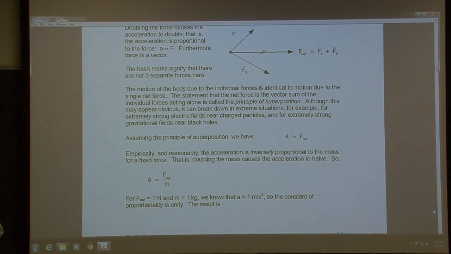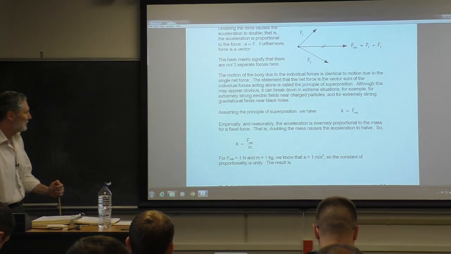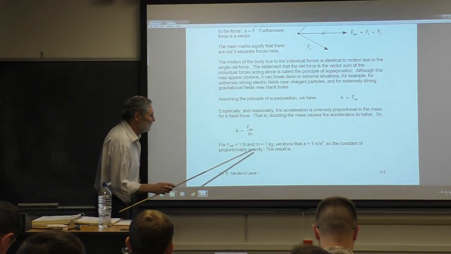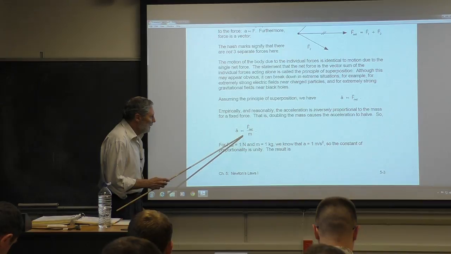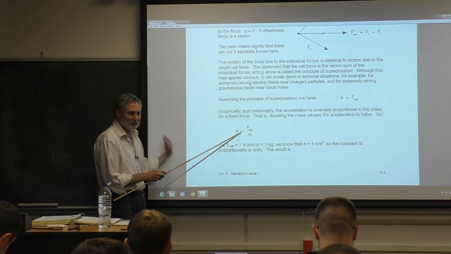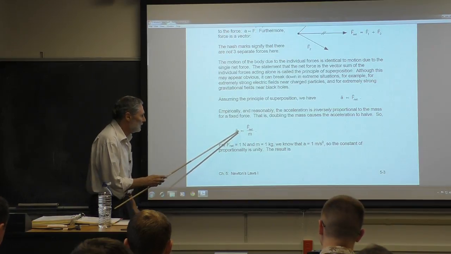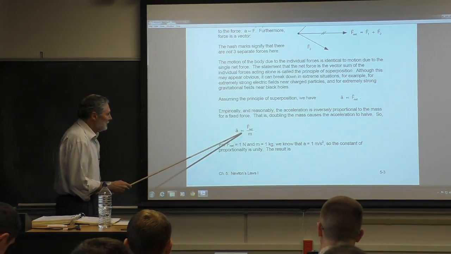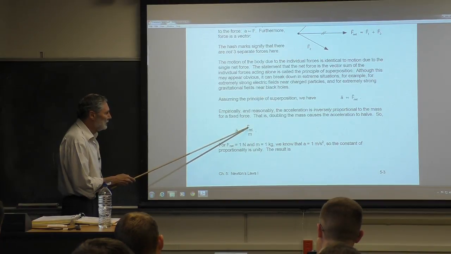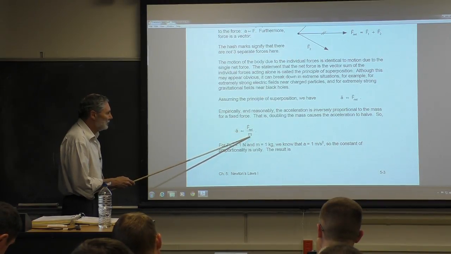All right, now there's one more step here. We've got a constant of proportionality. We don't want to deal with proportion; we want to make this exact, quantitative. So let's plug in 1 Newton, 1 kilogram.